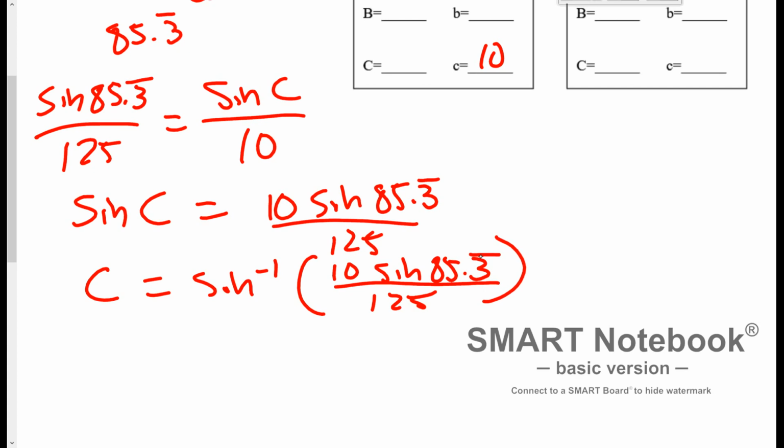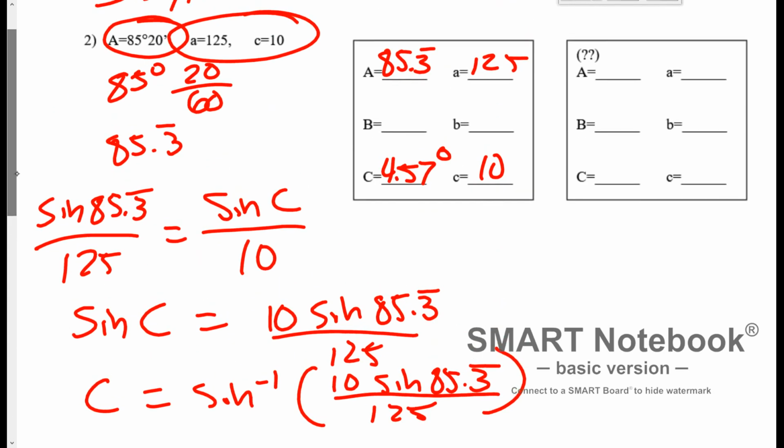I get 4.57. If you get something a little bit different, that's just because you might have used 0.3 instead of 0.333 or 1/3. Okay. So now I can add those two angles up, subtract from 180, and I get 91.1.